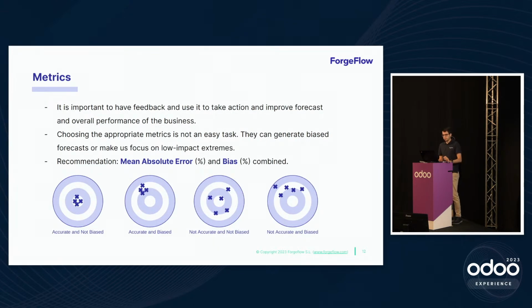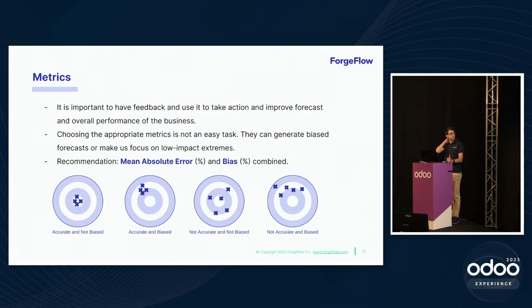In metrics, this is a bit of a technical topic, but what we can discuss here, I don't want to show any formula, is that they are important to have an objective measurement of how we are forecasting. There are a lot of metrics out there.